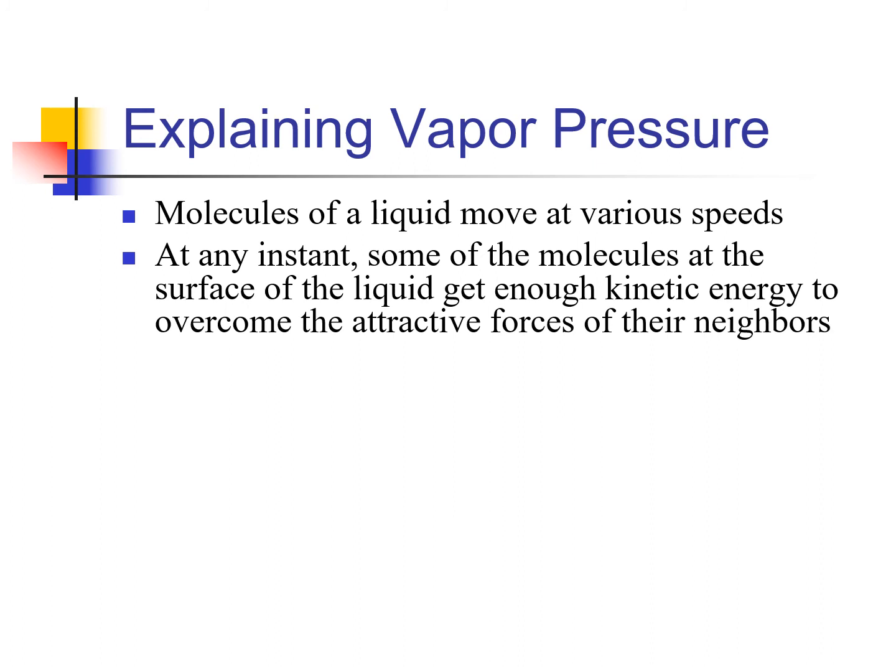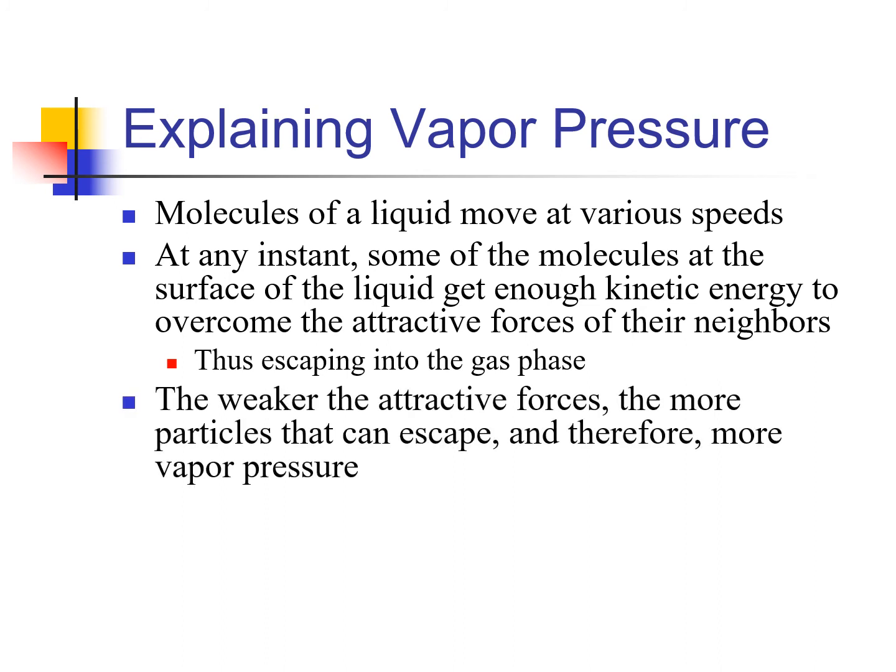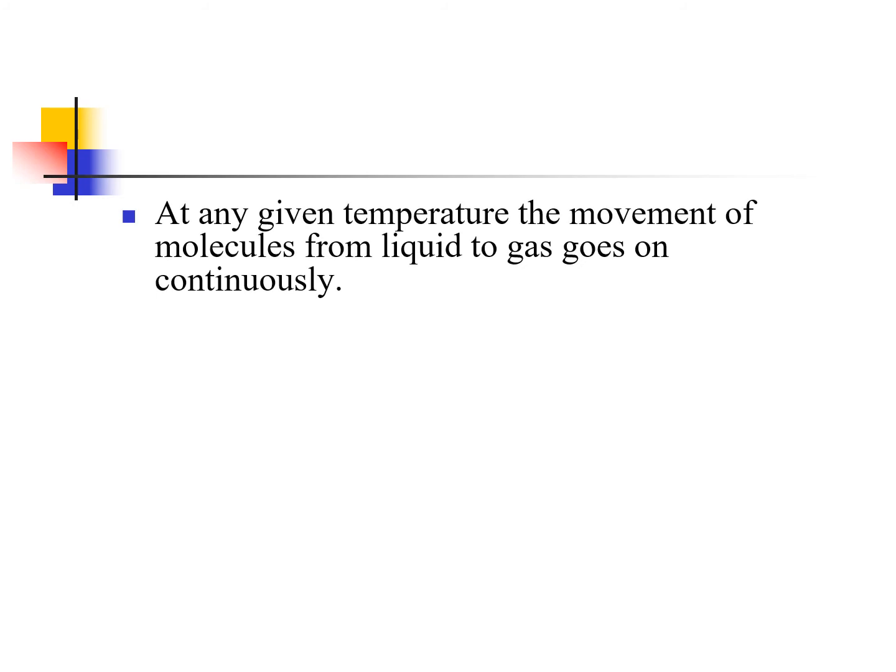So at any given instant, some of the molecules at the surface of the liquid will get enough kinetic energy to overcome the intermolecular forces tying them to their neighbors, thus going from a liquid to a gas. Now the weaker those intermolecular forces are, the more particles that can escape, and therefore more vapor pressure. So lower intermolecular forces means higher vapor pressure.